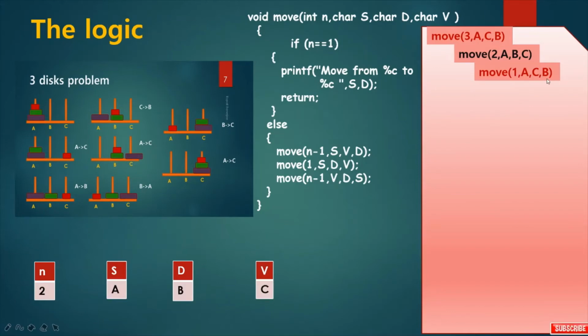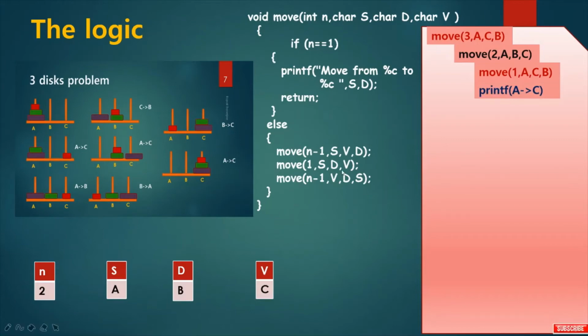D is B. Now see, when I call this function again, first check if n equals 1. Is n 1? Yes, n is 1. Then you have to move from source to destination. What is source? Source is A. What is destination? Destination is C. So the first move is, see this figure, A to C.